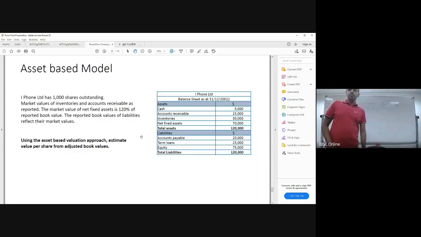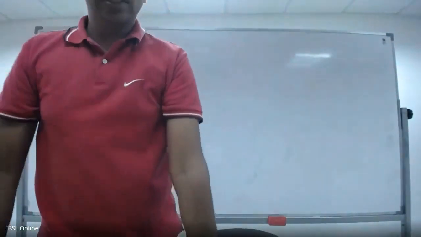So let's try this example. So once again, iPhone has 1,000 shares outstanding.